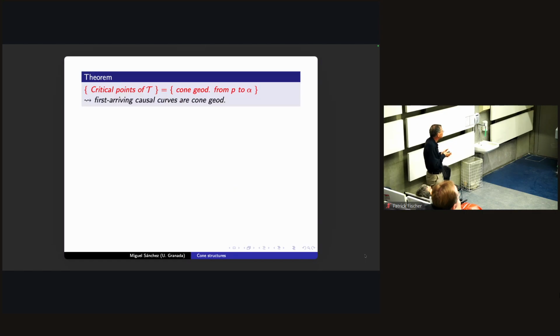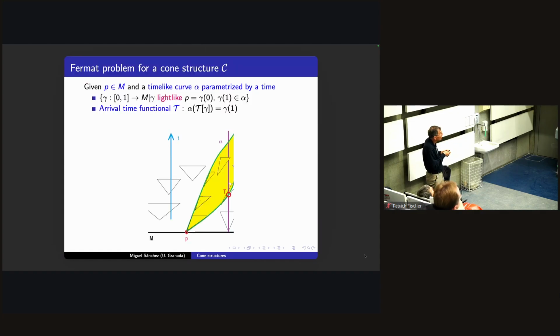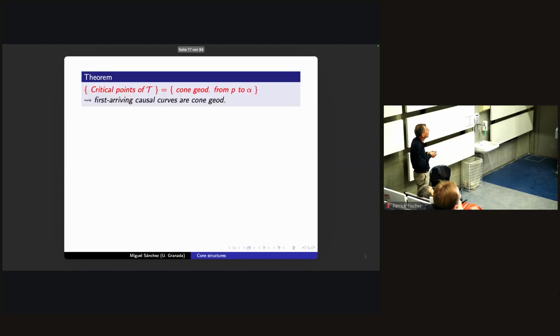The Fermat principle, or theorem, says that the critical points of the arrival functional, for this space of lightlike curves arriving here, are the cone geodesics from the point to the curve.